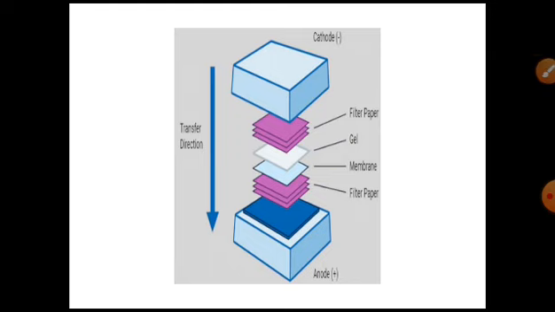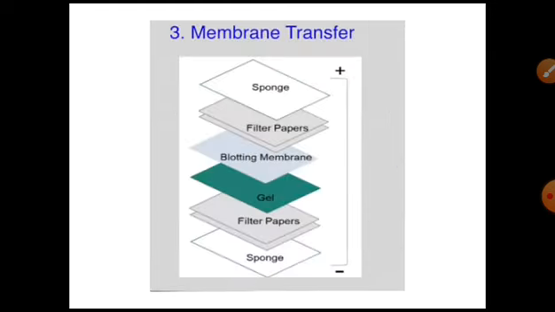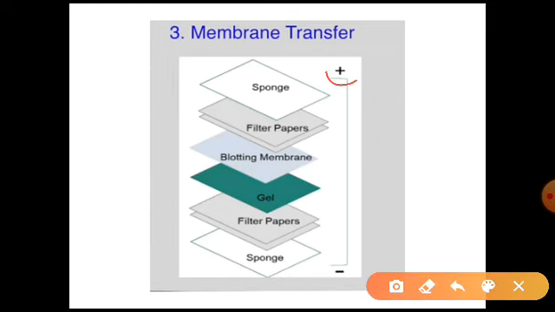So this is the process by which the proteins are transferred from the gel to the nitrocellulose membrane. The membrane transfer process is done by applying positive and negative charge.